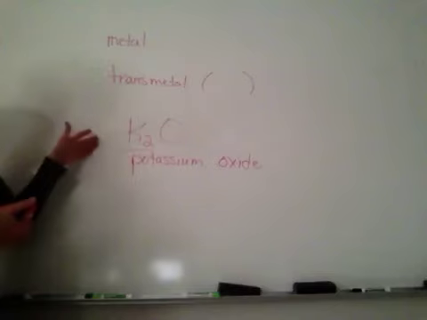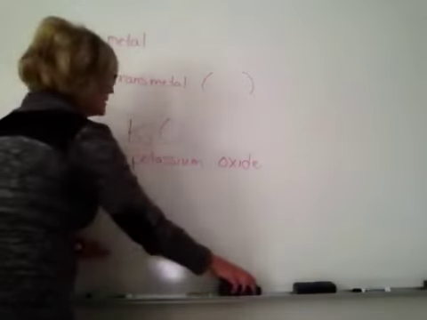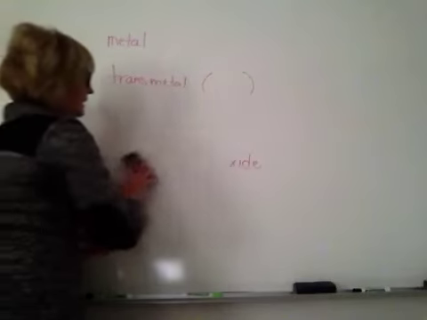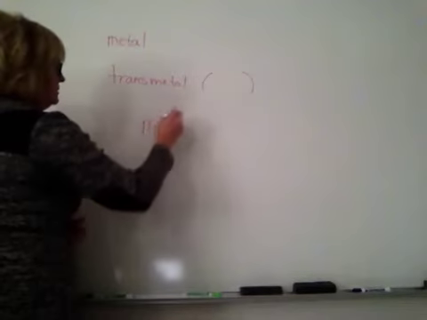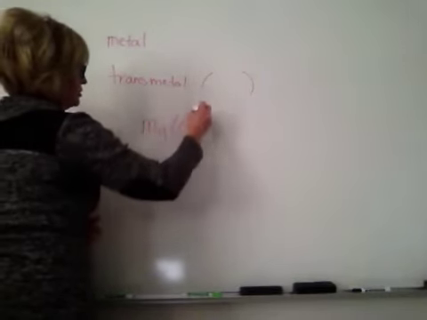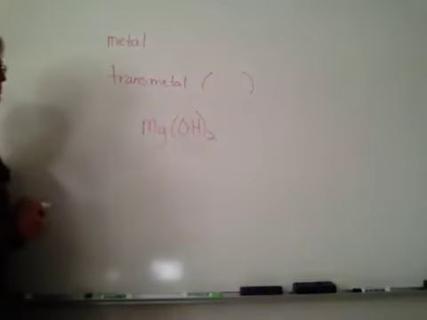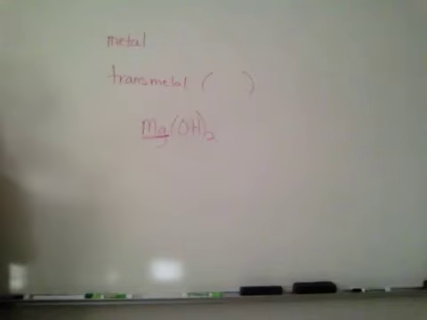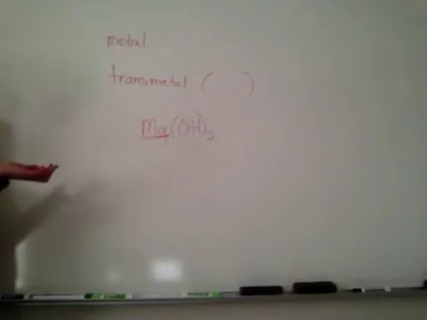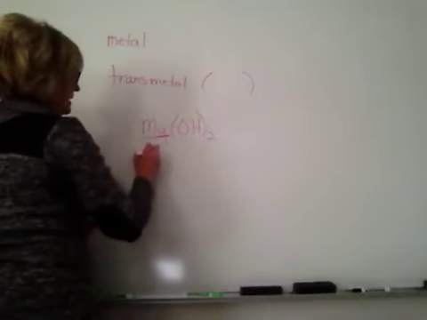So very simple part. Now I have MgOH2. Look at the front. Mg is a what? It's a metal. It's a normal group 1 or 2 metal. So I name it magnesium.